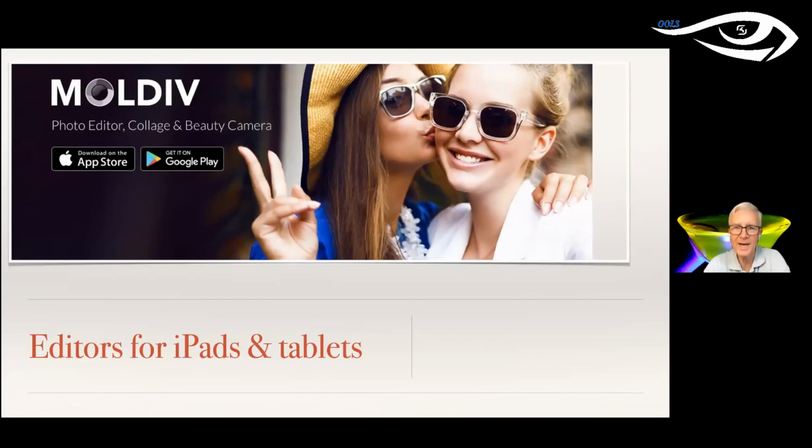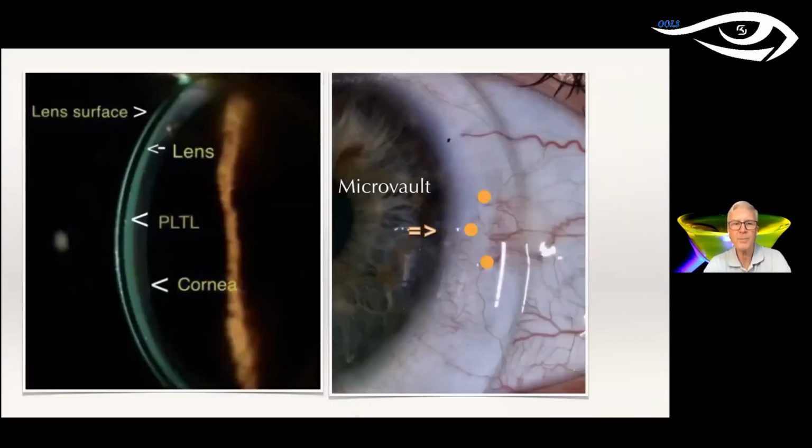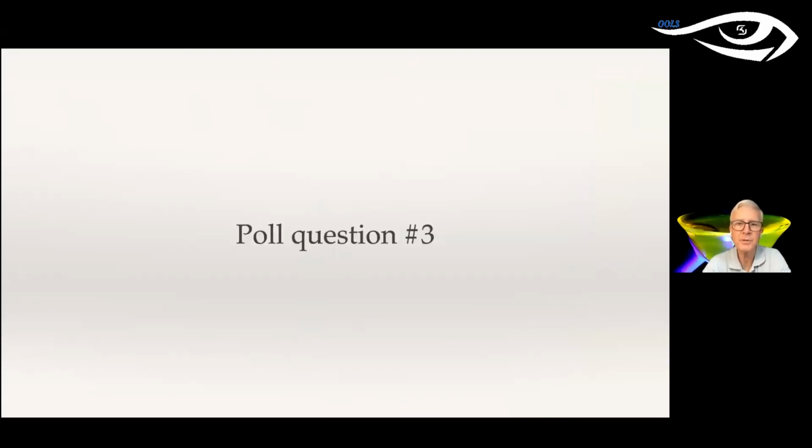It's called Mold Dive, and you can mark up things and do stuff like this with your image, write on it, put illustrations on it, and so forth. You can even use it to make a collage. You can have one picture with four or five different individual pictures in it, what we call a collage. So anyway, it works real well. It's free, and you can use it.